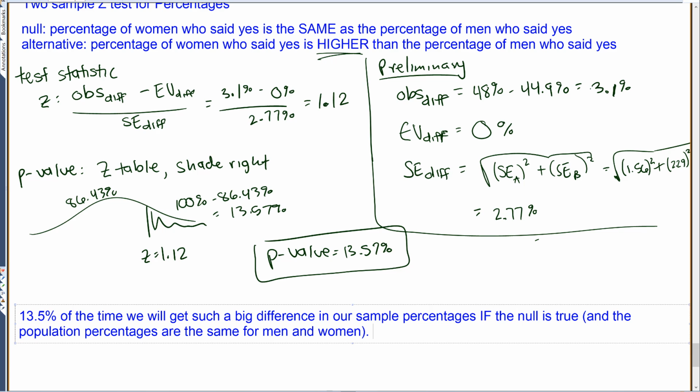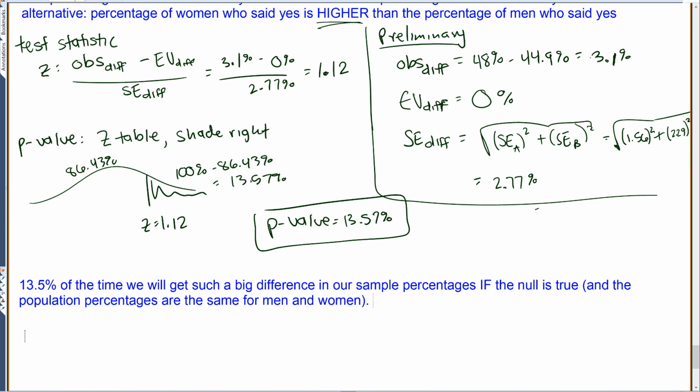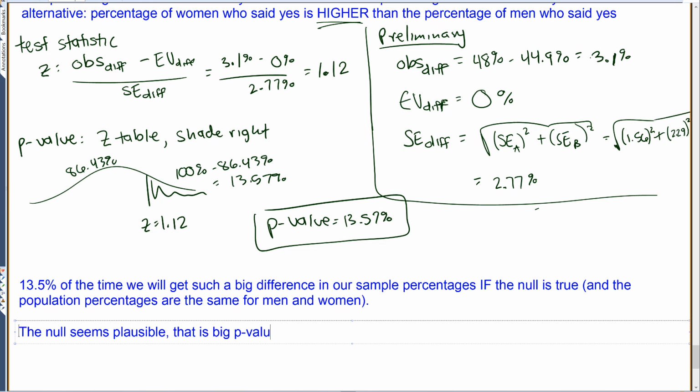That's always talking about if you took lots and lots of different samples, you get different sample percentages. So 13.5% of all the different samples we could have picked would have given us such a big difference in the sample percentages. Well, that's pretty big. The null seems plausible. That is a big p-value.